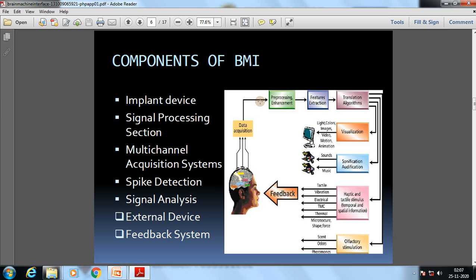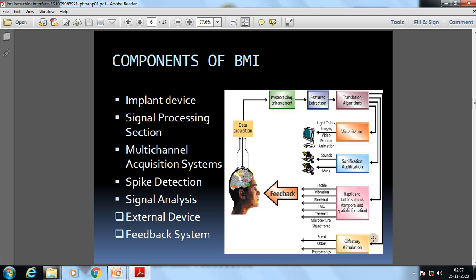After this process, the features are extracted, and the translation algorithm will provide the specific signals which are fed to four different categories. One is visualization, one is sonification, audification, another is haptic tactile stimulus, temporal and spatial information, and another one is olfactory stimulation.